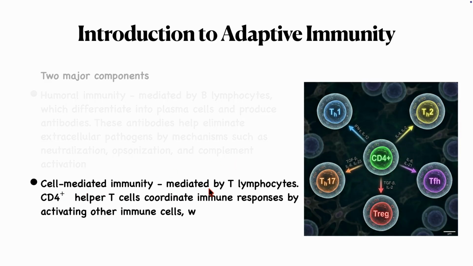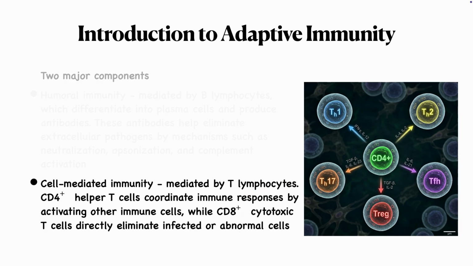Cell-mediated immunity is mediated by T lymphocytes. CD4 positive helper T cells coordinate immune responses by activating other immune cells, while CD8 positive cytotoxic T cells directly eliminate infected or abnormal cells.